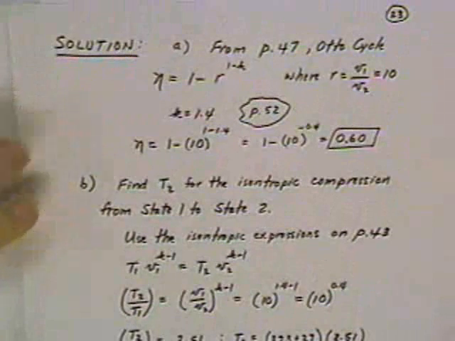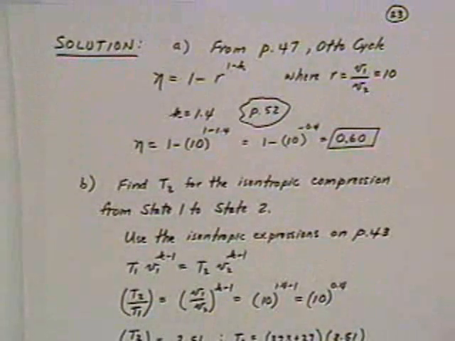And if you go to page 47 on the reference manual, you see the Otto cycle is given there where the efficiency is equal to 1 minus R to the 1 minus K power, and R is the ratio of V1 over V2, which in our case is given as 10. K is 1.4.